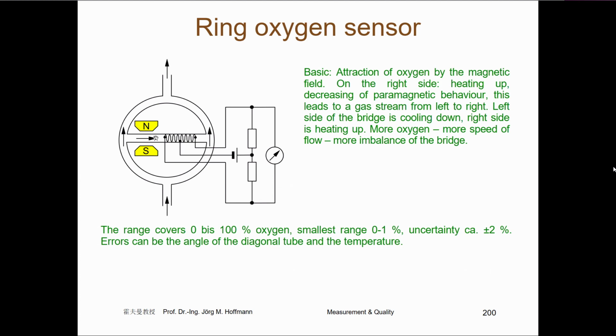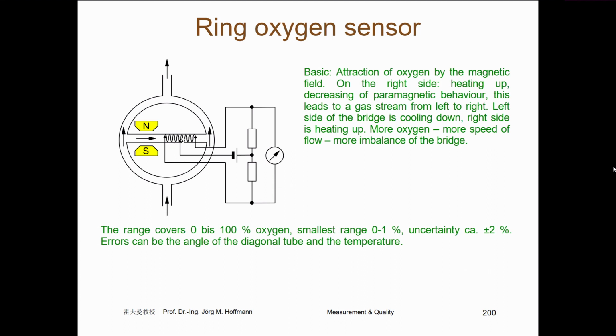That means you heat up the oxygen here, and you give more oxygen inside, because you attract the cold oxygen with the magnet, and you get a movement through this tube to the right side.